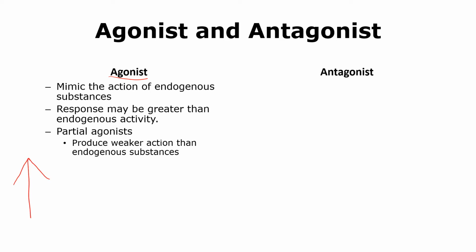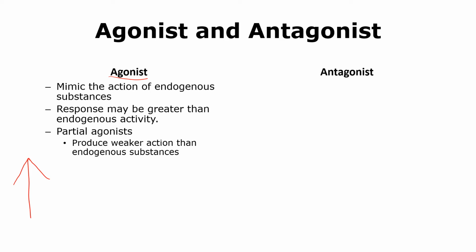If the effect of that substance was to increase heart rate, and you're taking a medication that will also mimic it, then you will have a further increase in the heart rate, and so forth. So you're going to have a greater response from that activity.